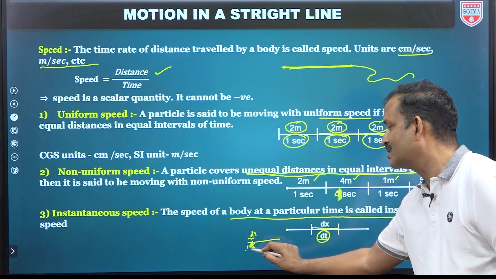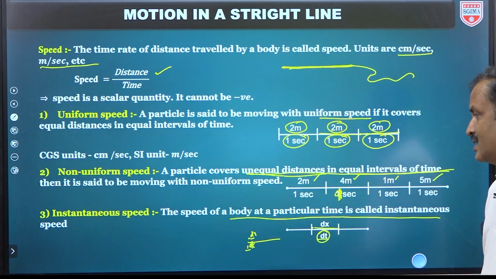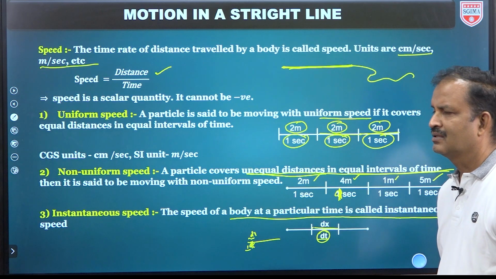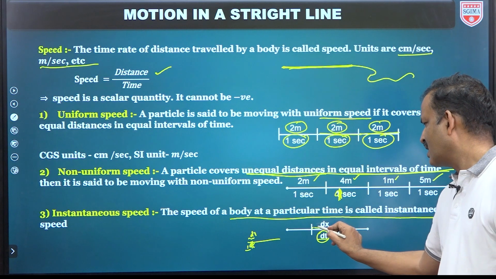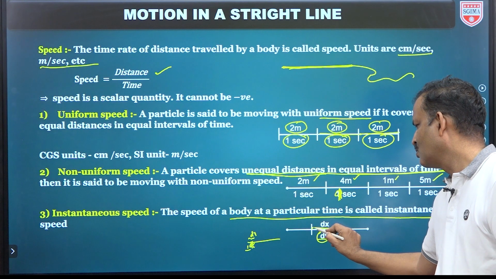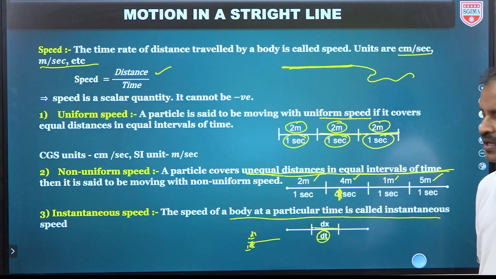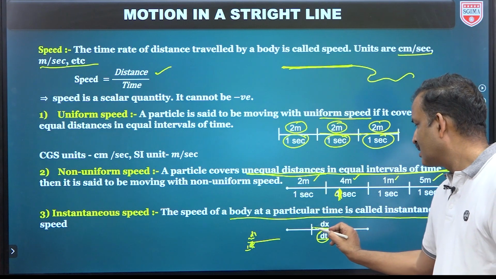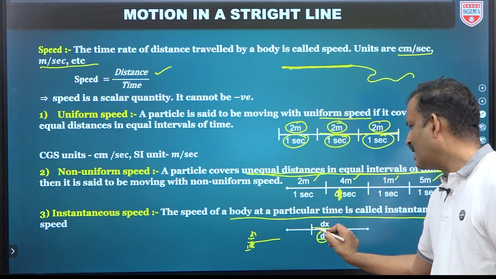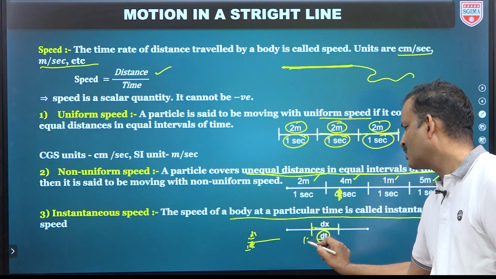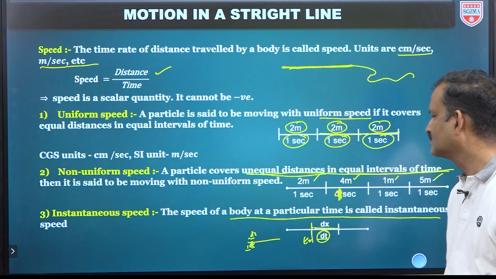At that time, 1 second, it covers... because we can't get the speed at exactly that time. We have to allow some distance to move for a small interval of time. If you take that interval very small, then that speed is very close to the speed at t equal to this particular 1 second.